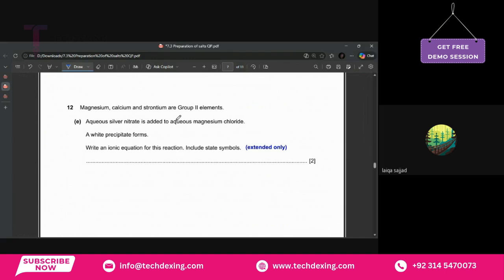First tell me what would be the reactants and what would be the products. Tell me the formula for silver nitrate and magnesium chloride.